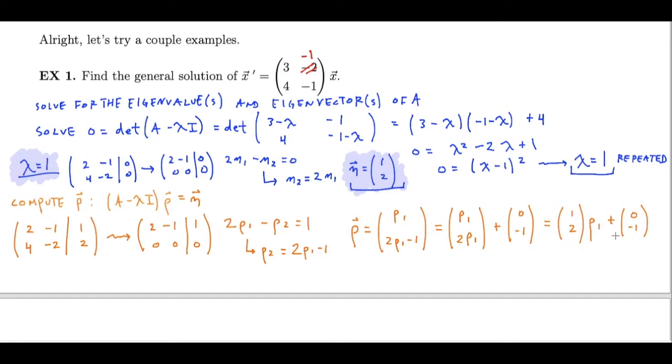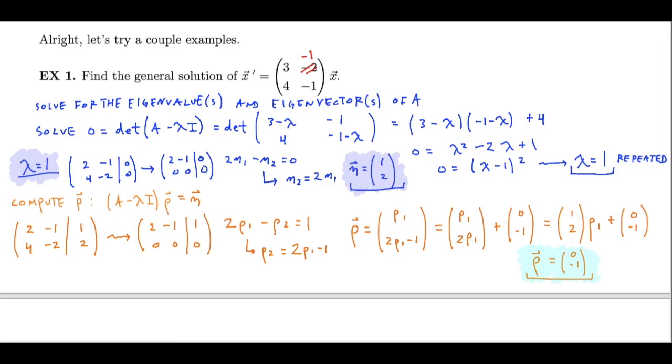And I'm going to select just this second constant component to be rho. I can in fact choose a different value for rho sub 1 here, or whatever the free variable happens to be, but this is the customary choice, to just isolate this constant part as the generalized eigenvector rho.